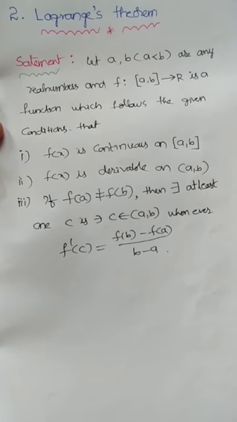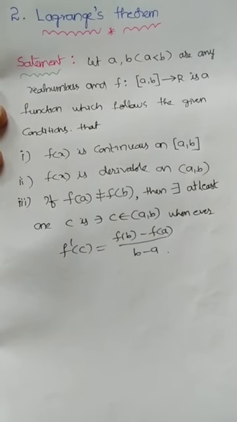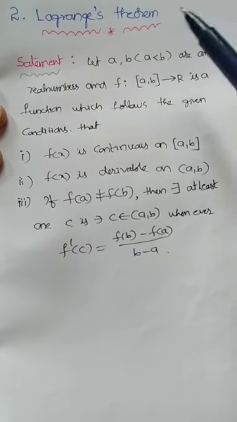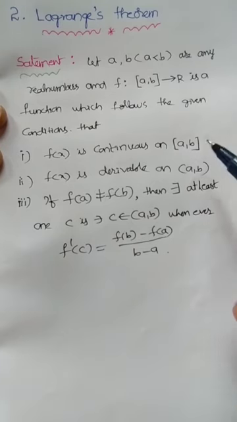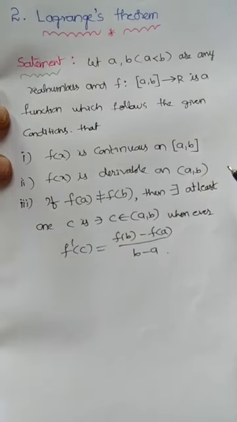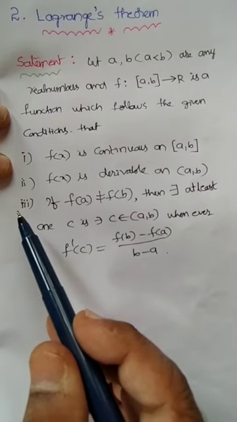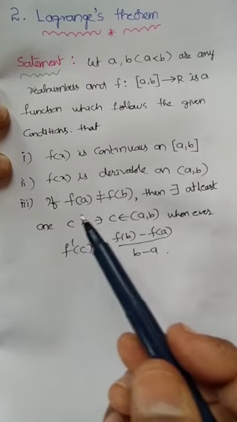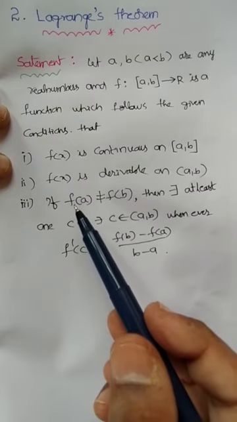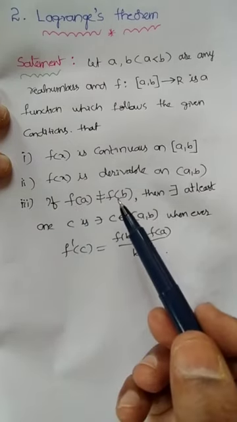On the verification process of Lagrange's theorem for a given function, once again we will observe the steps. The first two conditions are general conditions, and we observe the third condition. The first step, we have to check f of a is not equal to f of b.